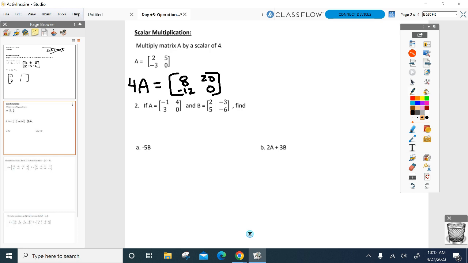And now the only other thing we're going to do today is combine them, multiply and add at the same time.